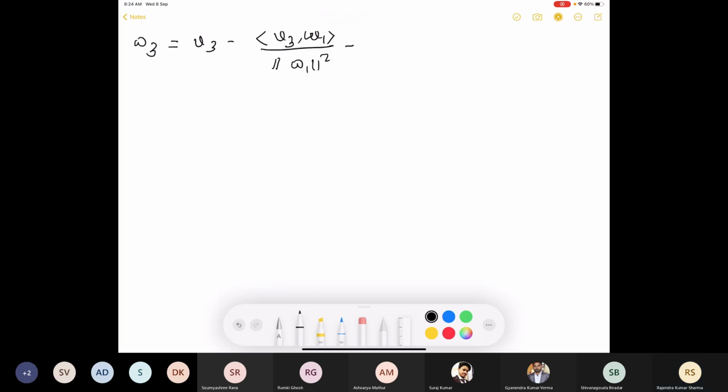This here is the coefficient of W1, minus the inner product of V3 with W2 divided by the norm of W2 square, times W2. This I leave for you to do the calculations, and I am sure that you will get this vector as (0, 9, 0).